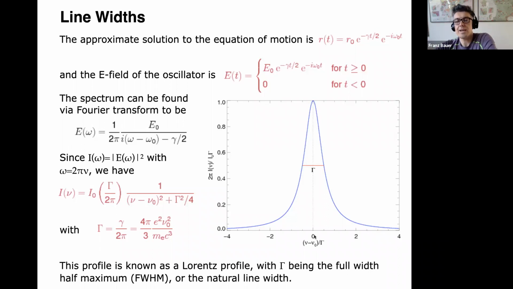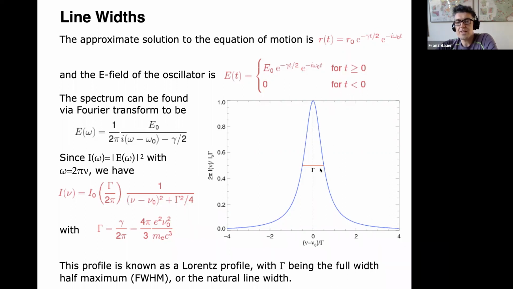So if we look at it here, and this is normalized, so this is the frequency with respect to frequency naught divided by our constant here. This will go out as -2, -4, 2, 4, and then we have some peak, which is related to the amplitude. And so the profile will look like this. It peaks at the center and goes down like this.